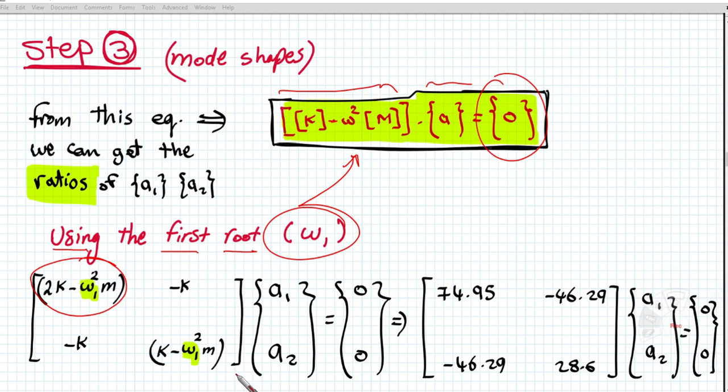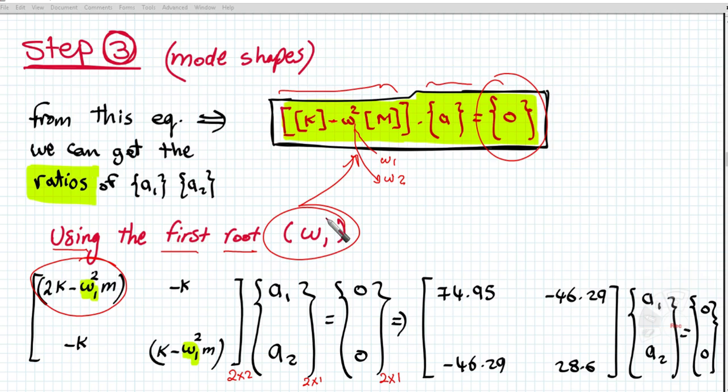Here we have 2 by 2, and here it is 2 by 1, which means 2 rows by 1 column. So in this way we put k minus omega squared m, one time with omega 1, and another time with omega 2.